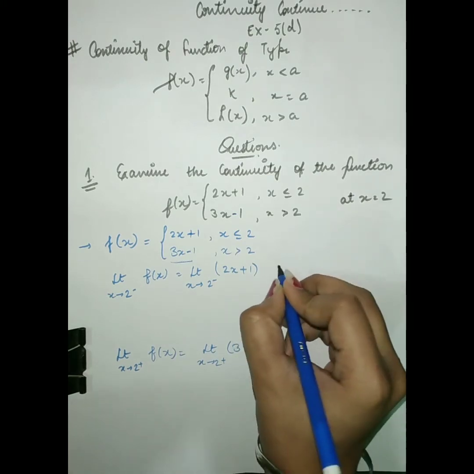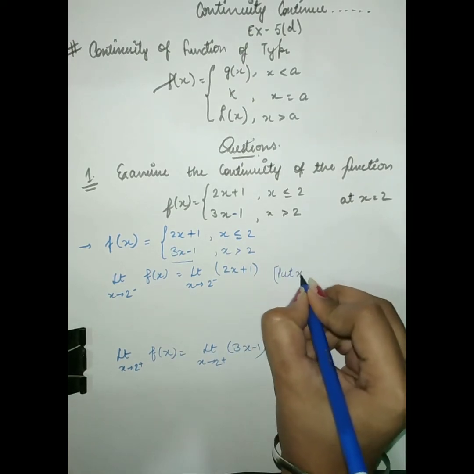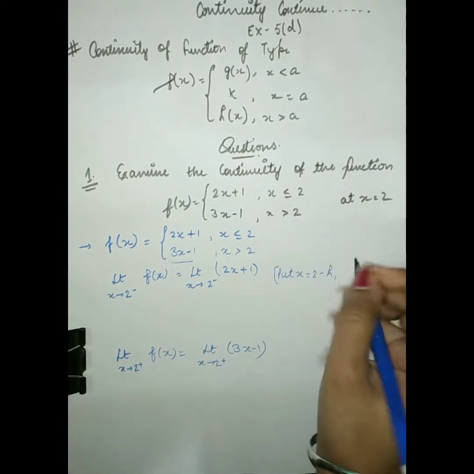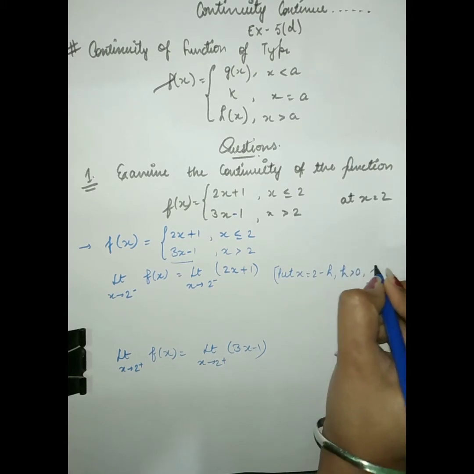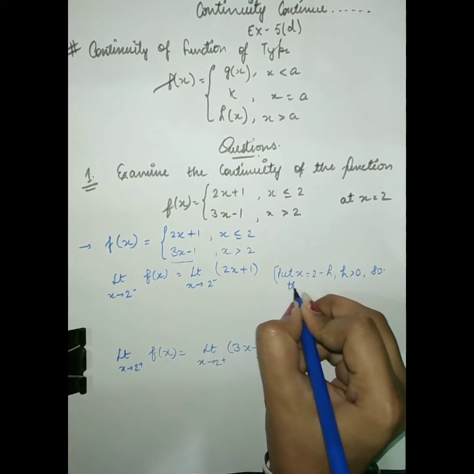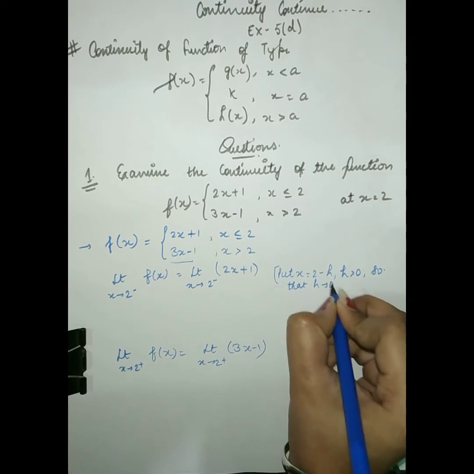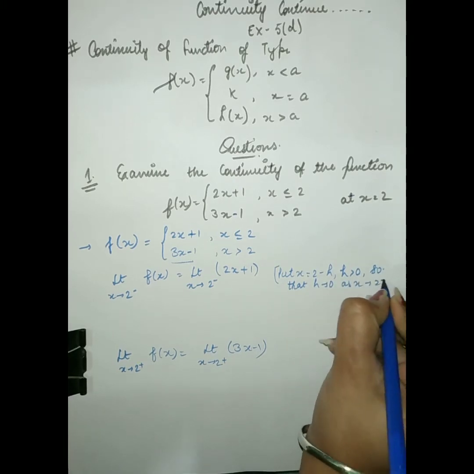Now here we put x equals 2 minus h, where h is greater than 0, so that h approaches 0 as x approaches 2 negative.